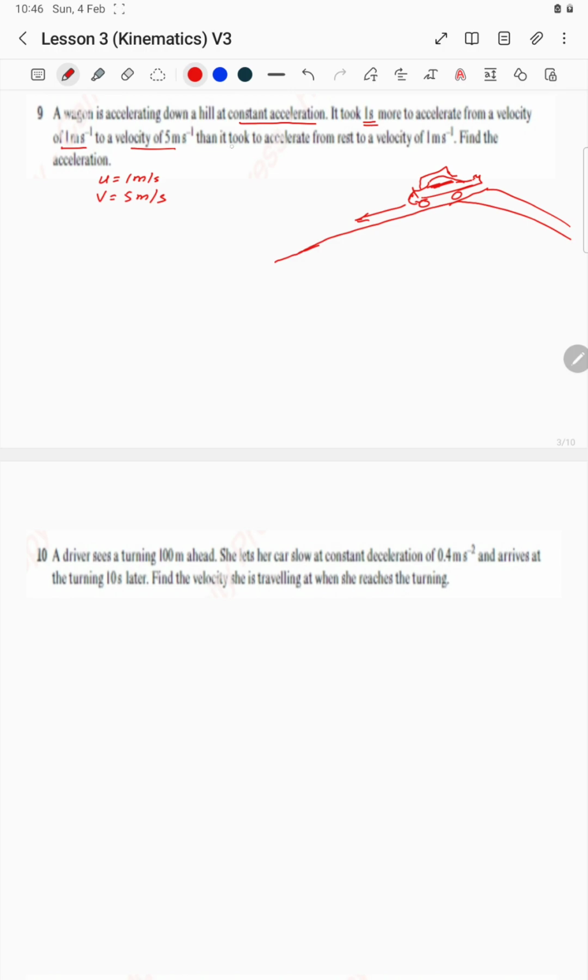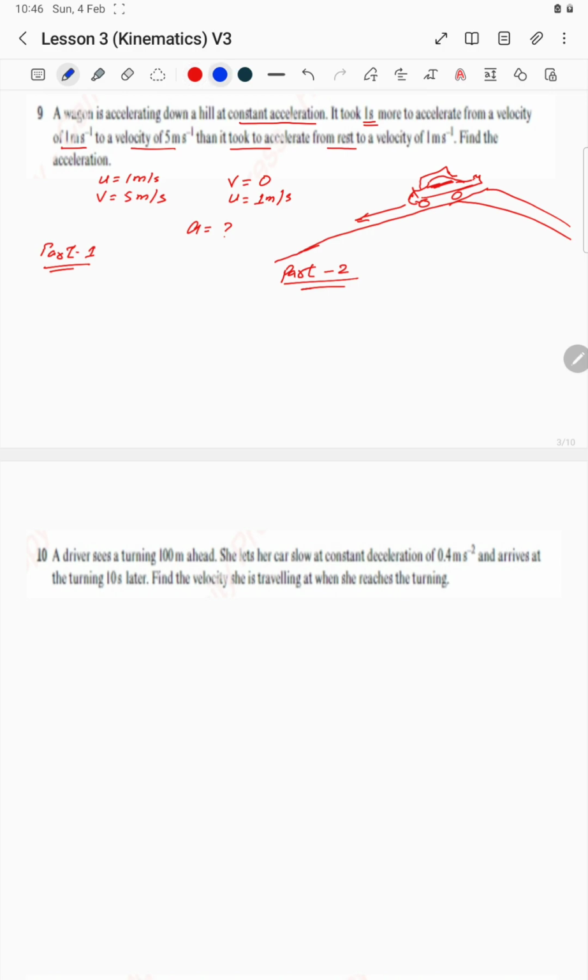And then it took to accelerate from rest to a velocity of 1 meter per second. Find the acceleration. We are looking for this. Here again, two cases, two parts of the question. Write it: part 1 of the question and part 2 of the same question.